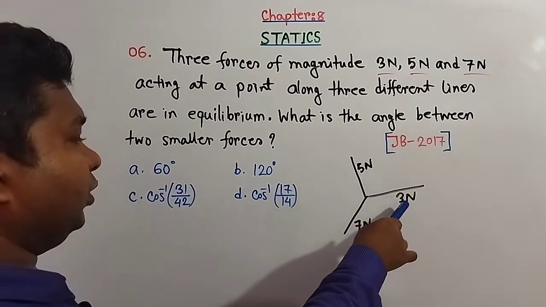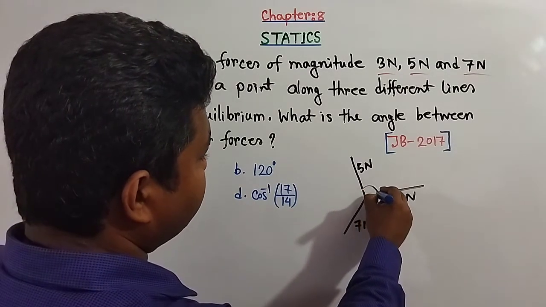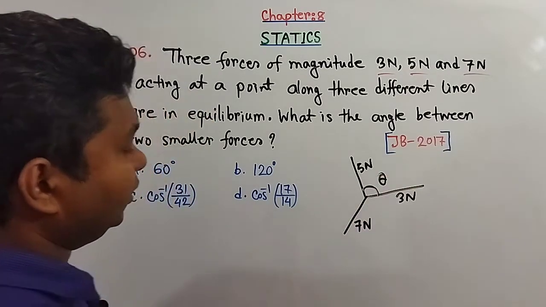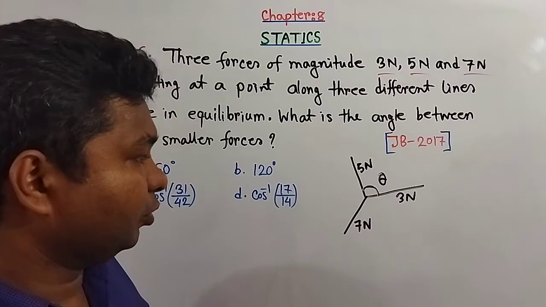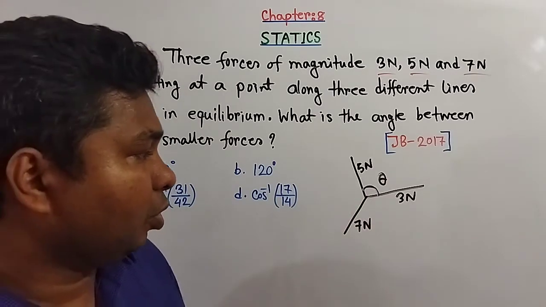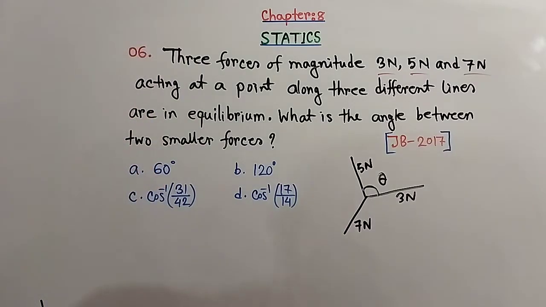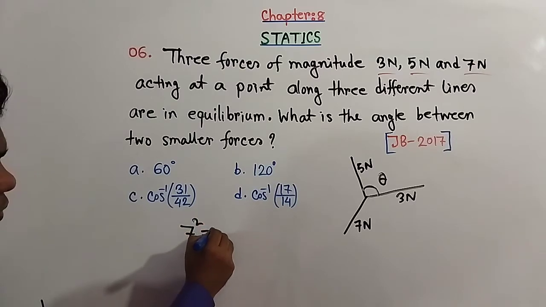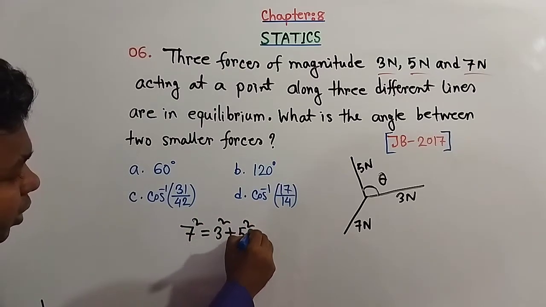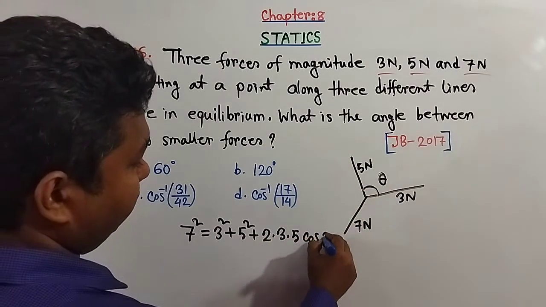Here the two smaller forces are 3 Newton and 5 Newton. Let the angle between them be theta. Now since those three forces are in equilibrium, the resultant of 3 Newton and 5 Newton must be equal to 7 Newton. So by using the formula, we can write 7 square equal to 3 square plus 5 square plus 2 into 3 into 5 into cos theta.